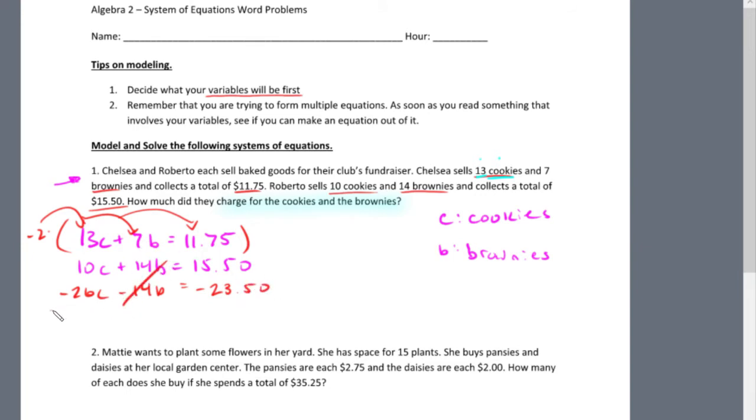Now when you add the two equations, you get a -14 and a +14. Those cancel. Then you've got 10 minus 26, which is -16c equals -8. And then you divide by -16.